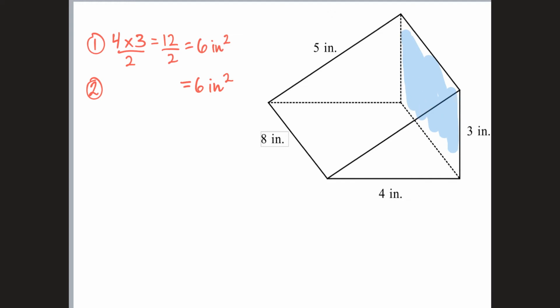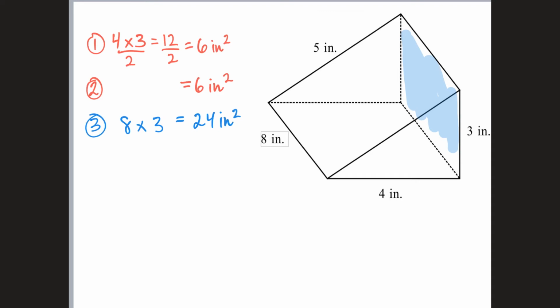One side of the rectangle is 8. That side is 8. That's this side right here. So 8 times 3. So take the area of side number 3. That is 8 times 3, which is 24 square inches.